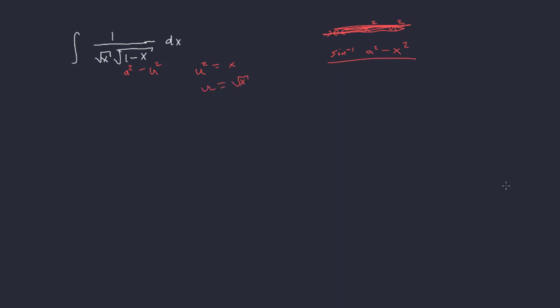We could actually rewrite this problem as 1 over square root x, square root 1 minus, and I could rewrite this x as the square root of x squared. Hopefully that comes across, that's a 2. Okay, there we go. Now that is this pattern. That's a sine inverse pattern.